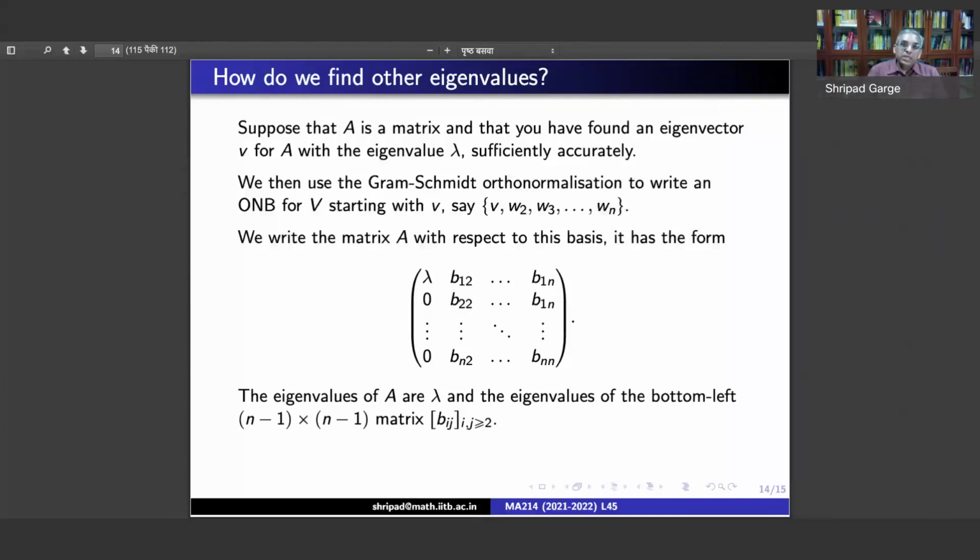So then that's how we will proceed: you will again look at the Gershgorin disks for the remaining n-1 by n-1 matrix and find the dominant eigenvalues using the power method for that particular one. This is how the whole thing takes place.